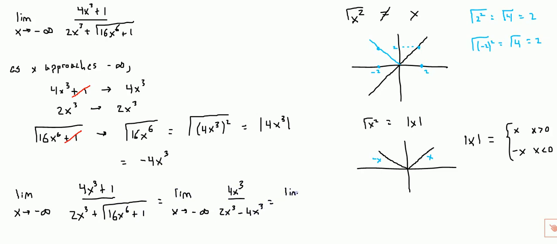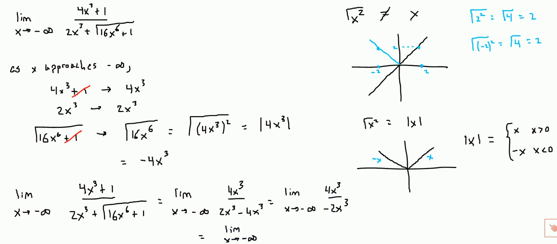Okay, so that's the limit as x approaches negative infinity of 4x cubed over 2x cubed minus 4x cubed, and 2x cubed minus 4x cubed is negative 2x cubed. So this is the limit as x approaches negative infinity.